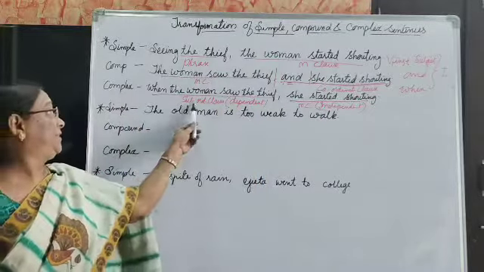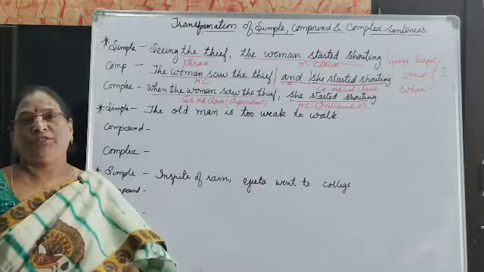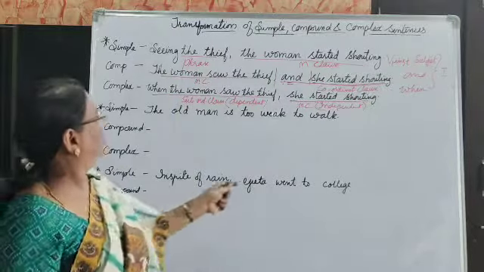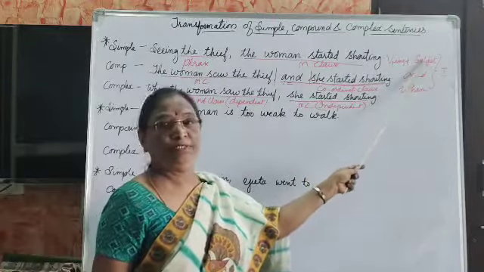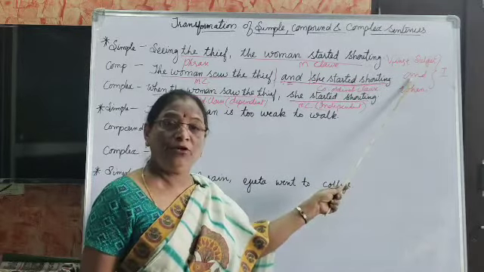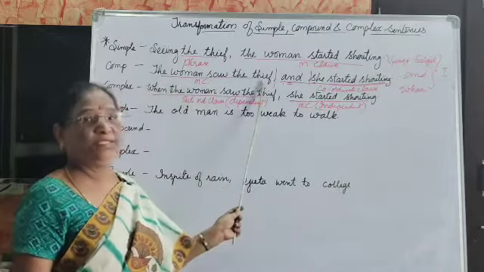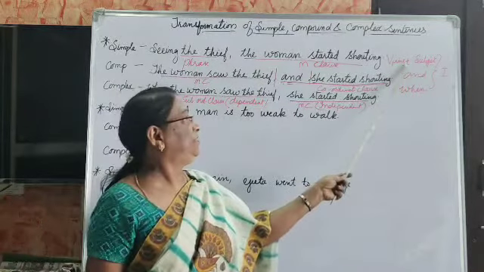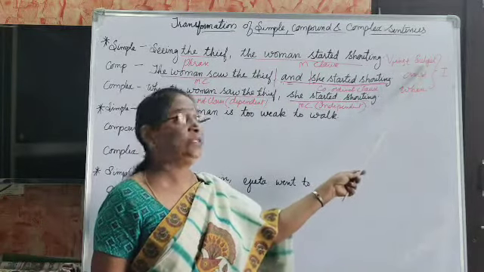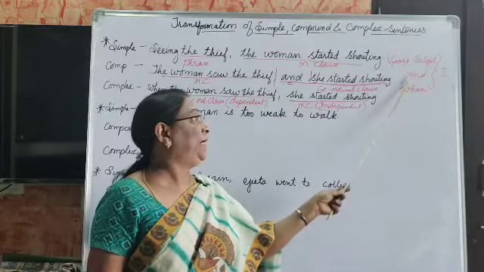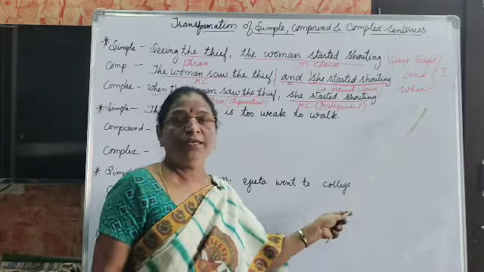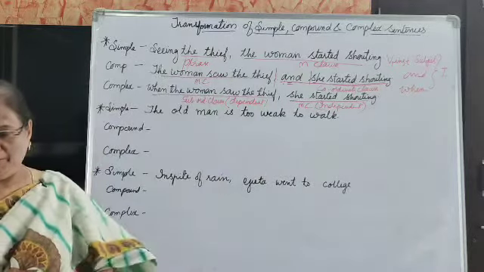I told you that when you see the verb ing form plus subject, you have to use 'and' in compound, combining the sentence into compound. And when we see verb ing plus subject in simple, we have to use 'when' in complex.